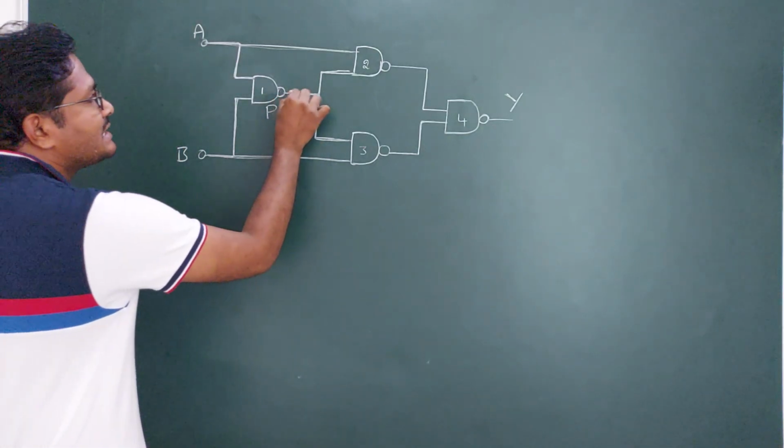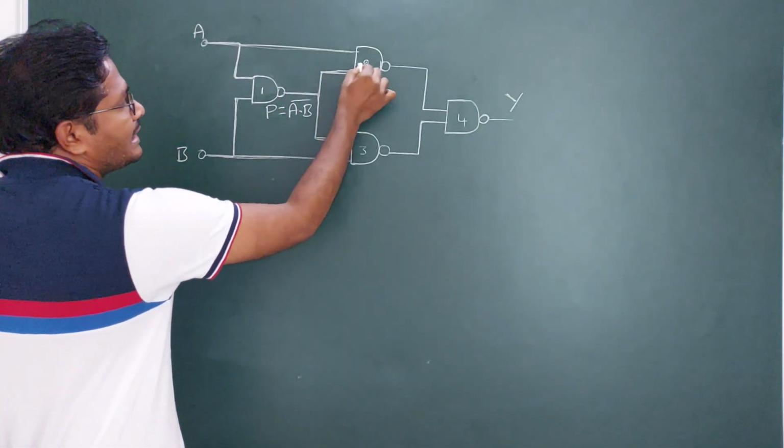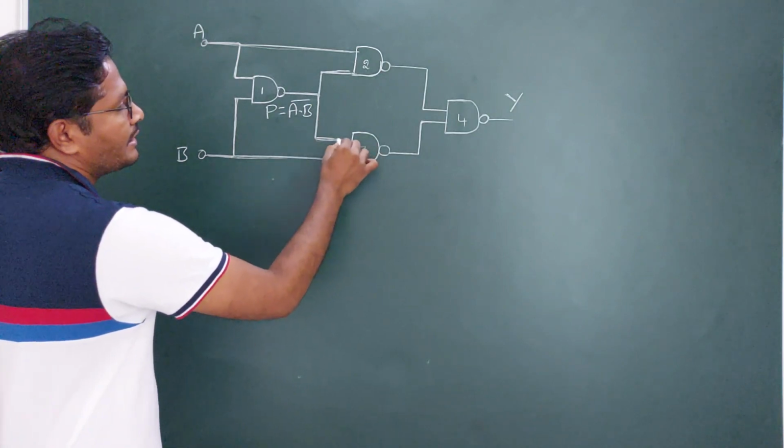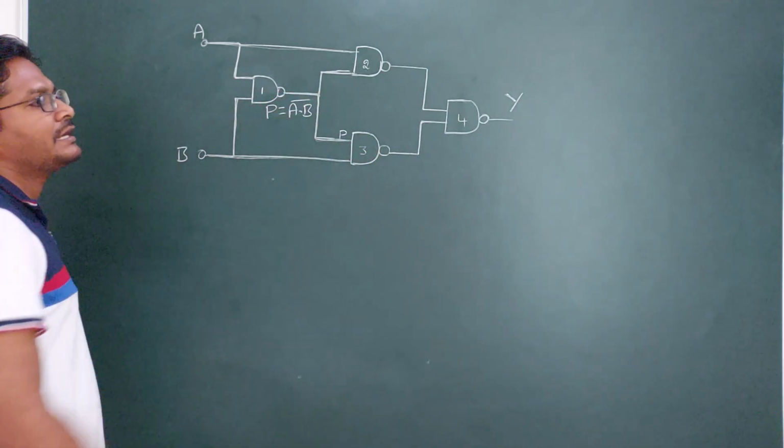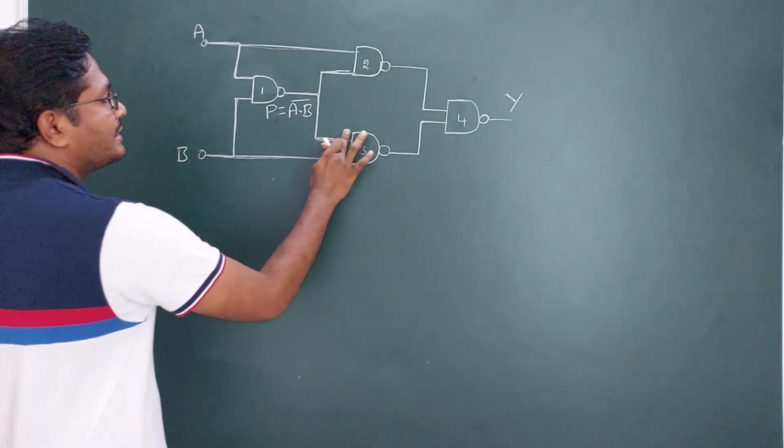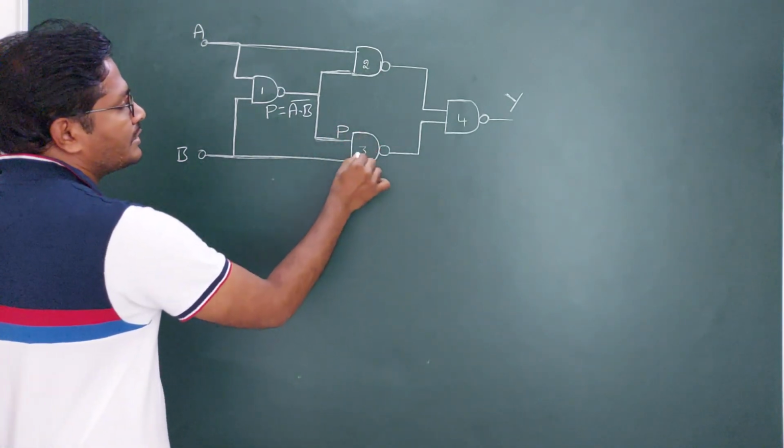This P signal, coming from the first NAND gate, is connected to the second NAND gate and the third NAND gate.